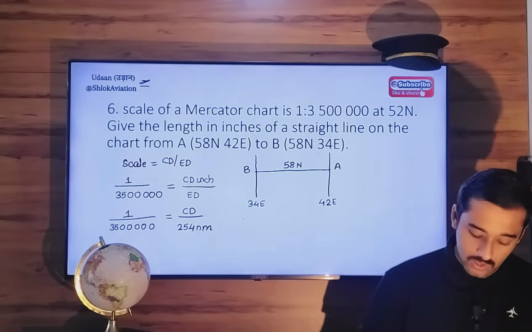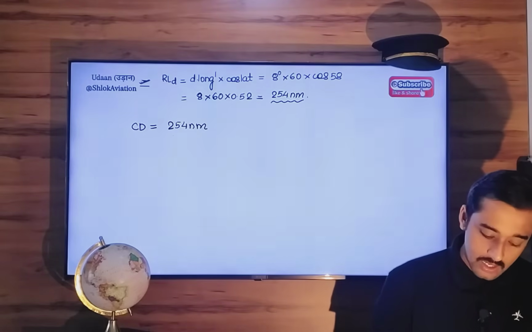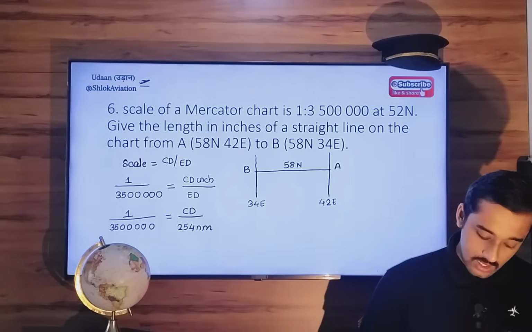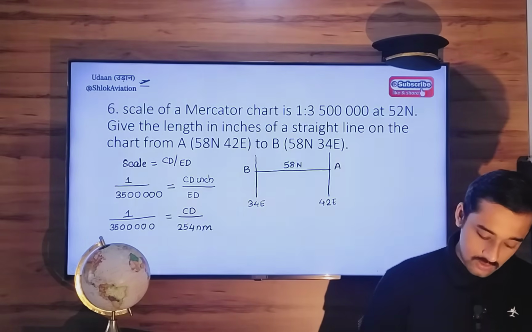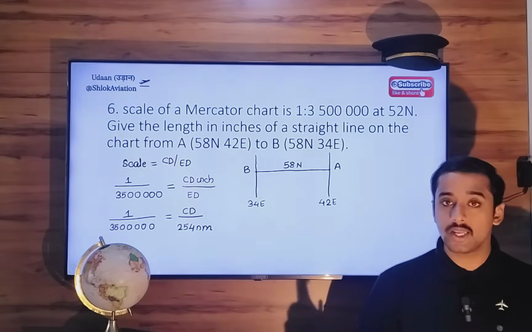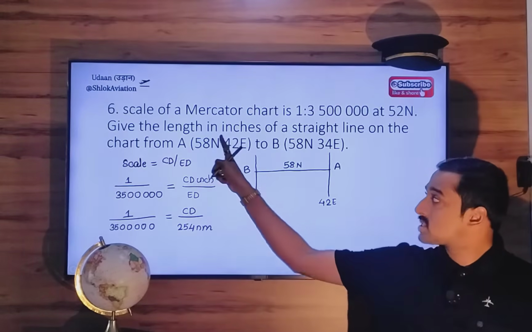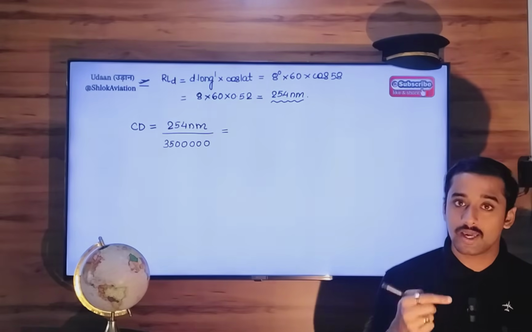Therefore, chart distance will be equal to, cross multiply, 254 nautical miles divided by 3500 and other 3 zeros. Now we want the final answer to be in inches. Chart distance in inches. So convert 254 nautical miles into corresponding inches.